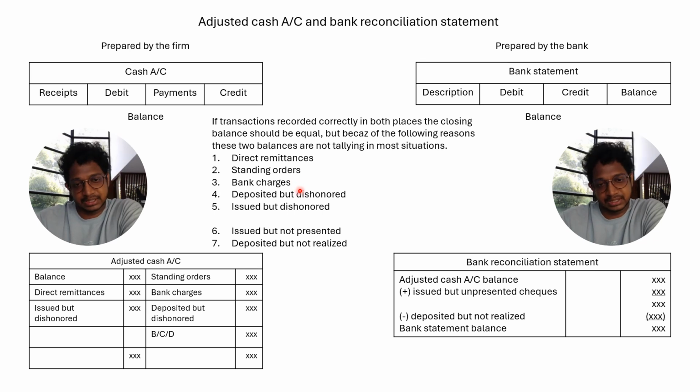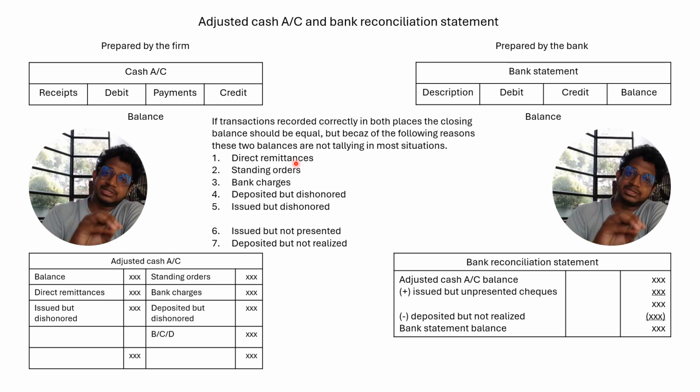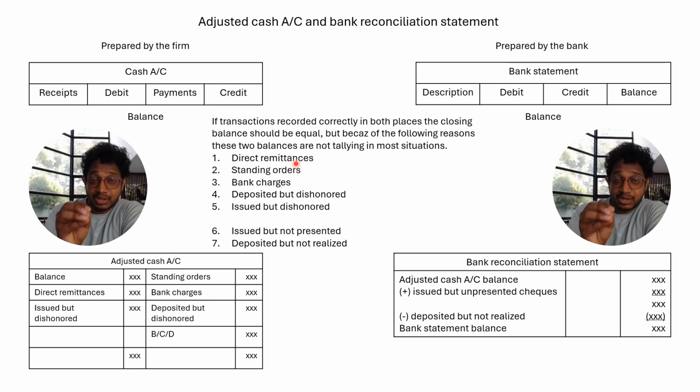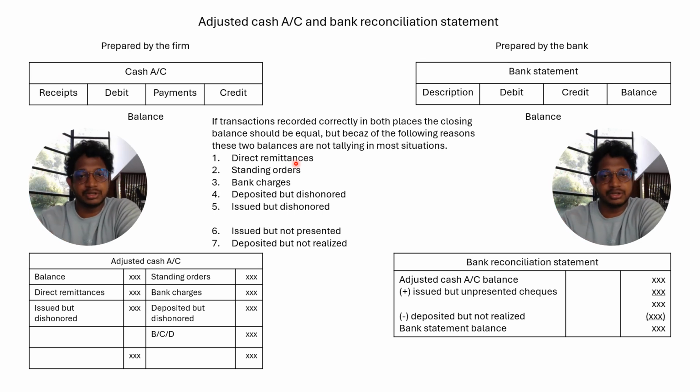Bank charges as well, right? All these three, we do know they actually happened at the exact point, but we can't record them in our cash account because without a source document, you can't record. But after you receive the bank statement, you have a source document, and using the bank statement as a source document, you can record in your adjusted cash account, right? That's what happens here. And also the dishonored checks as well, right?